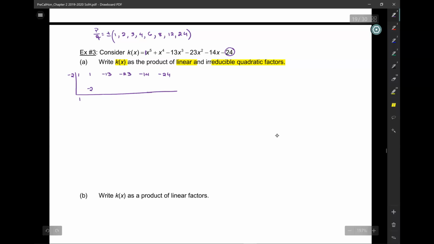I just closed my eyes and picked the number. -1, 2, -11, 22, -1, 2, -12, 24, 0. Oh my word.